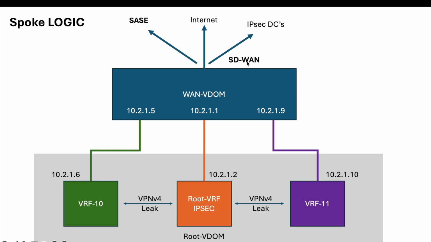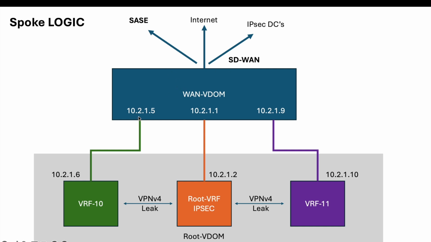Remember, from an SD-WAN perspective, whether these are IPsec tunnels, physical links, GRE links, VXLAN, whatever the case may be, the SD-WAN simply sees them as an interface, and then applies the relevant logic that you've stated in order to steer that traffic.